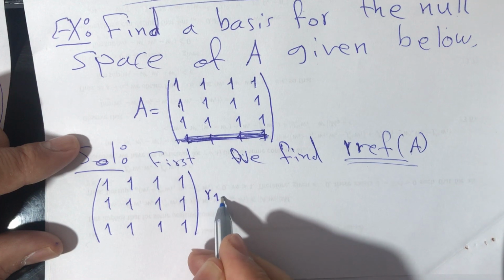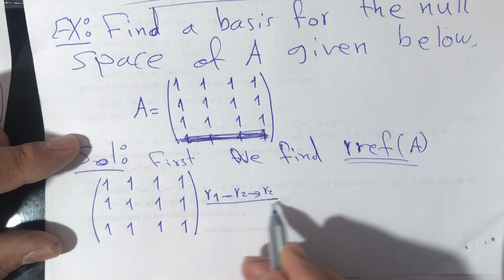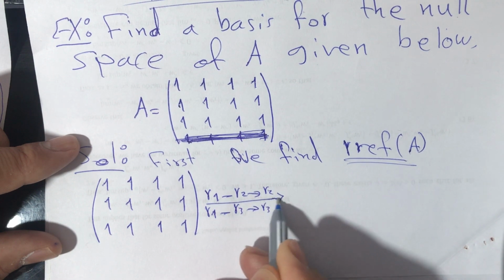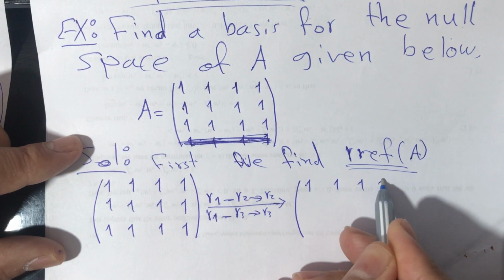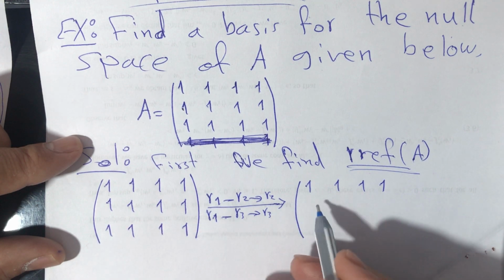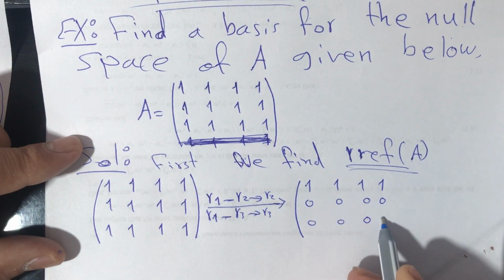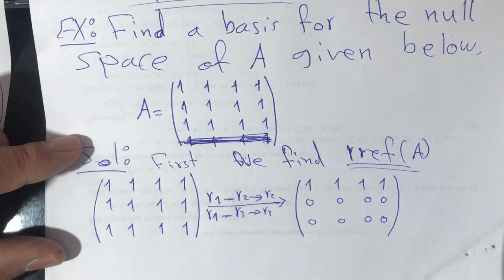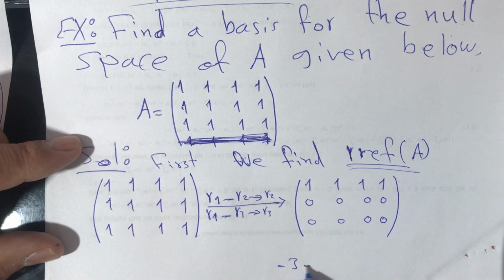Just we write R1 minus R2, write in R2. Also R1 minus R3, write in R3, which implies the first one the same, 1 1 1 1, and here will be 0 0 0 0. Also this will be 0 0 0 0, and I can't do anything after that. This is page number 3.